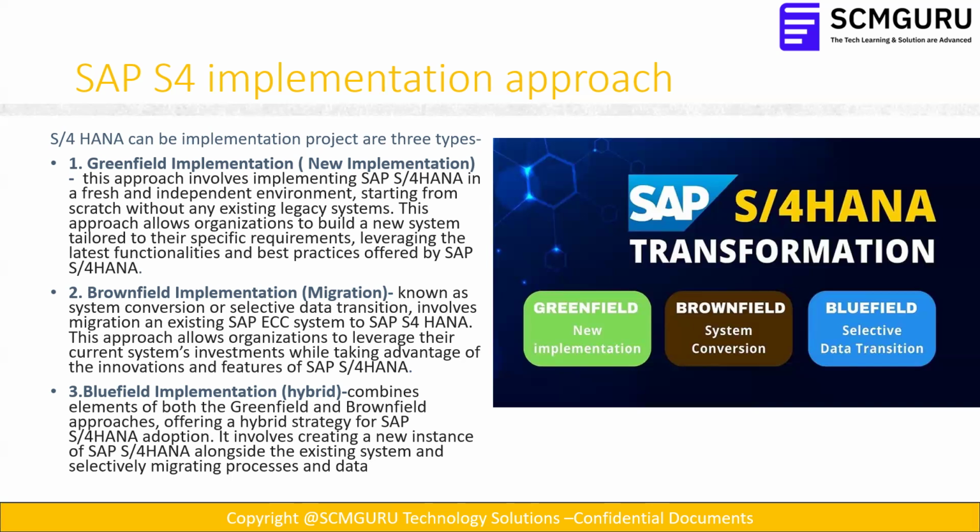So this brownfield implementation applies if your organization is already on SAP ECC and wants to move from SAP ECC to SAP S4 HANA. That is a migration project. In that, we have to build the migration platform, build the migration data, everything, and move from SAP ECC to SAP S4 HANA.